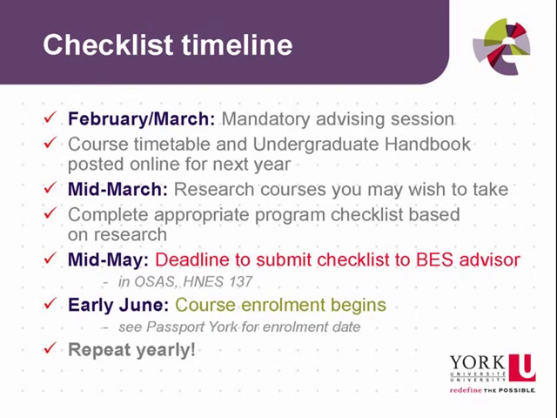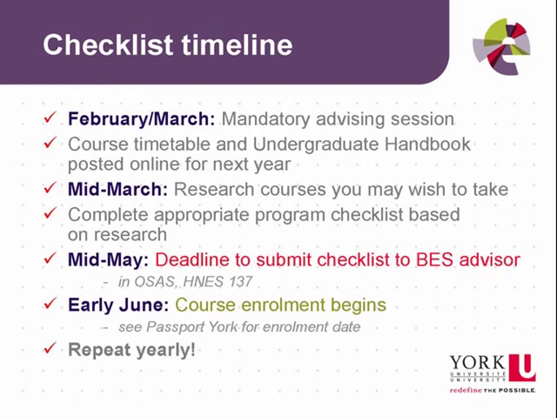During that time, next year's course timetable is posted online so that you can research and review course options for the next academic year. The latest undergraduate handbook is also published on the FES website at that time. The undergraduate handbook will have the most up-to-date version of the checklist, so you should always use the newest handbook and checklist as your guide for the year.